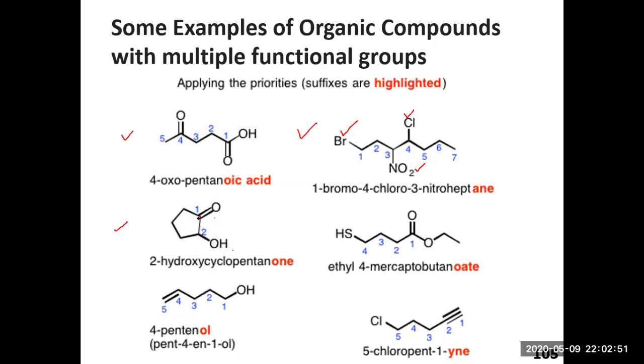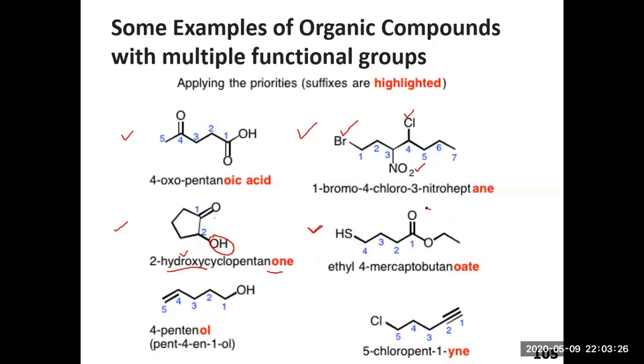So in this case, I will start numbering at this carbon as 1 and this carbon as 2. If the alcohol is used as a substituent, then the prefix that we use here is hydroxy. So the name of this molecule is 2-hydroxycyclopentanone.